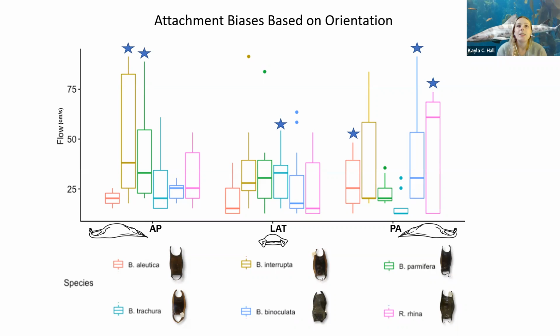And the least likely, but most likely for Trichera, is the lateral orientation to flow. This is actually the only species that we found that had this favor towards being in a lateral position, which for the other ones generally resulted in them kind of tumbleweeding off of the substrate. In the last category, we have Elutica and Binoculata and Rhina, and these all exhibit a posterior horn bias to flow.